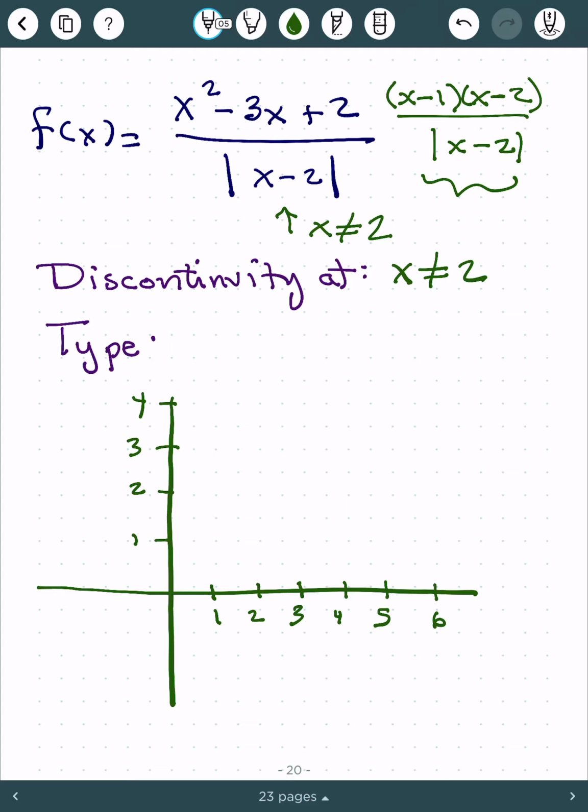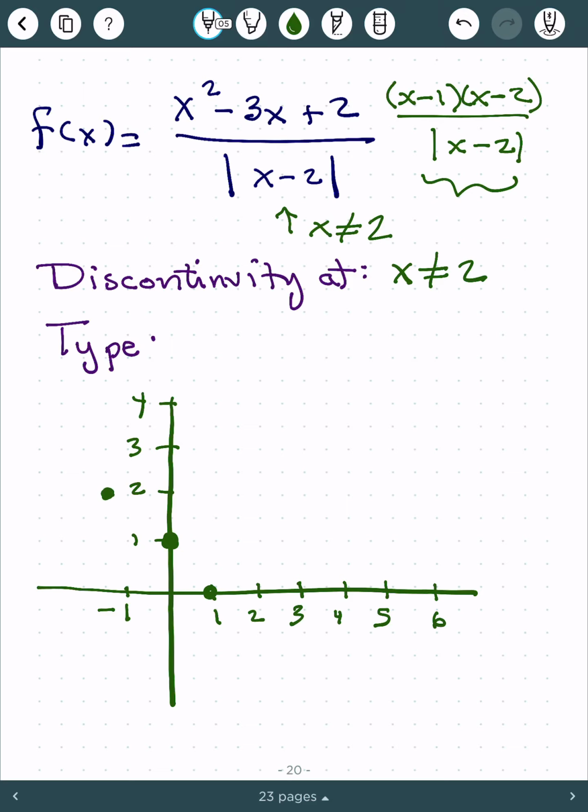I'm going to get 2 over the absolute value of -2, that's 1, so there's a point here. If I put a 1 in, I get 1 minus 3, so it's -2 plus 2 is 0. 0 over anything is going to be 0. What if I put -1 in? So -1 squared is 1, and then -3 times -1 is +3, so that's 4. 4 and 2 is 6. And then in the denominator, I'm going to get the absolute value of -3, which is 3, so 6 over 3, that's 2.